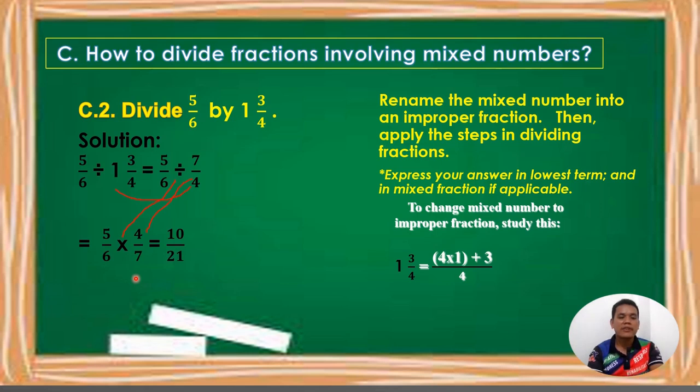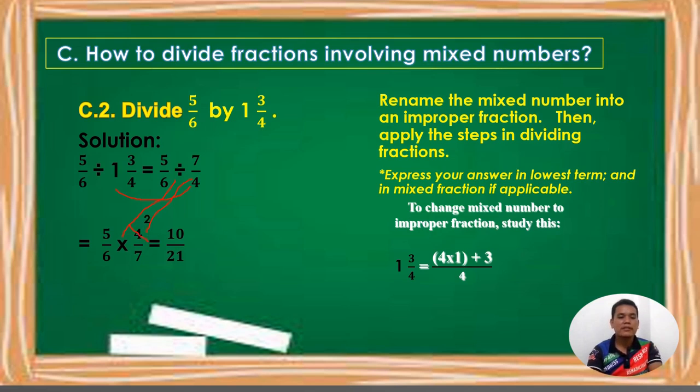Can we apply cross cancellation? Yes, I believe, because 4 and 6 have common factors. The GCF is 2. We divide. 4 divided by 2 equals 2.